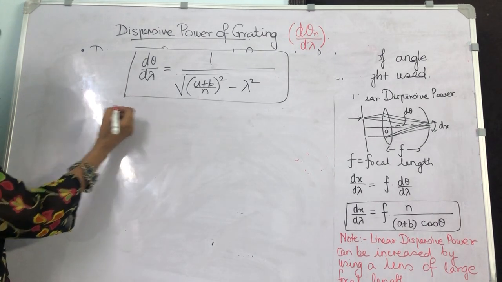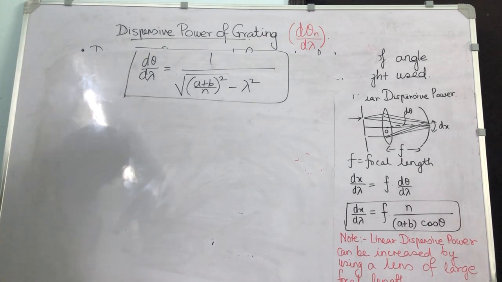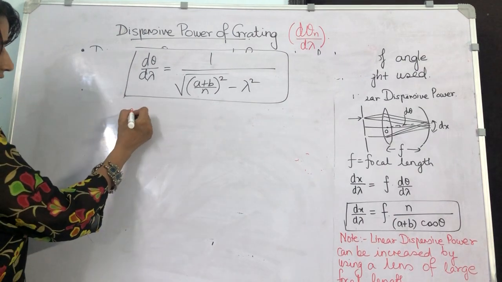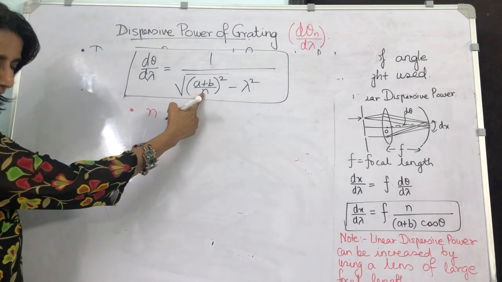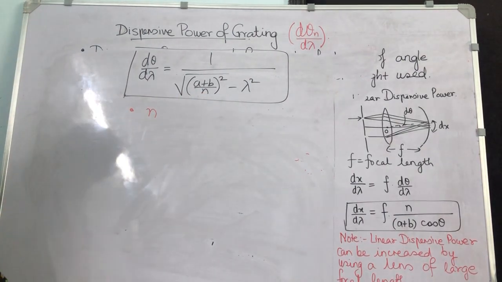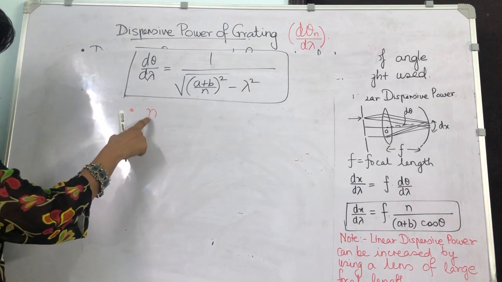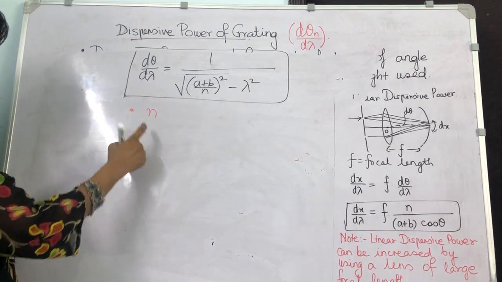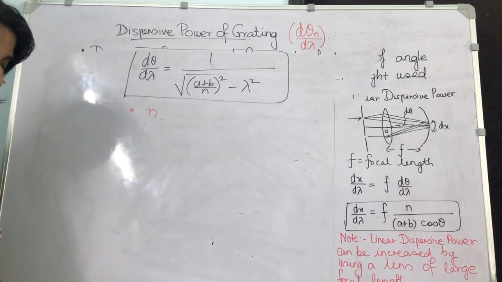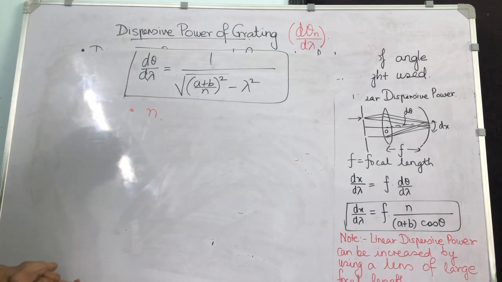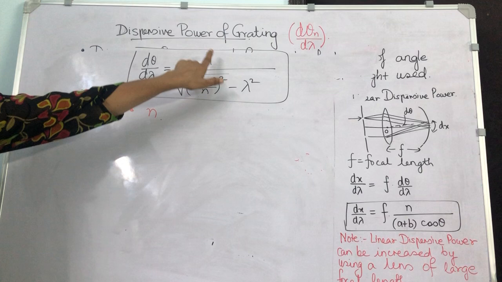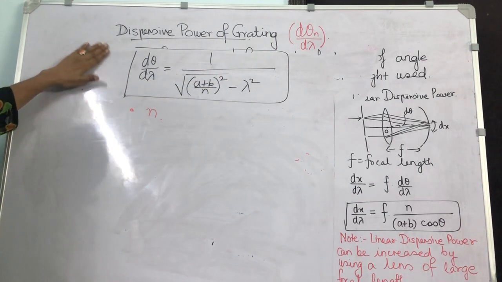Firstly, it is depending upon n. N is the order of the spectra. Higher we go, n is directly proportional to d theta by d lambda.